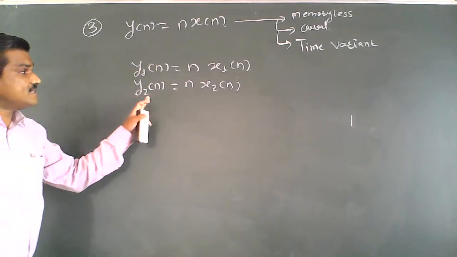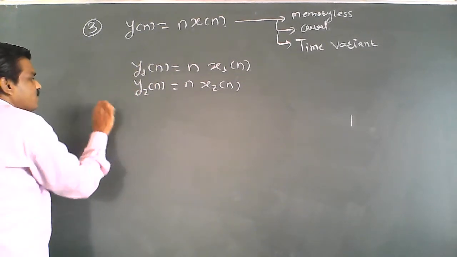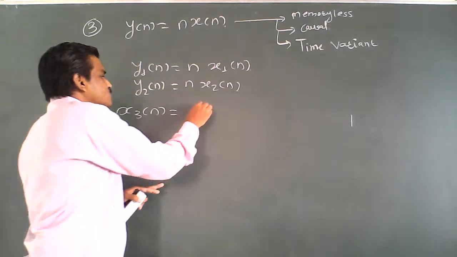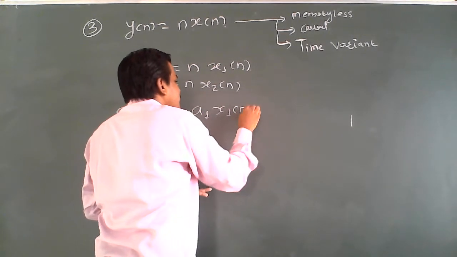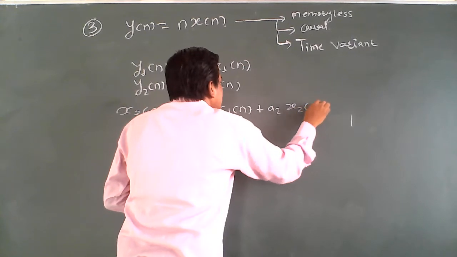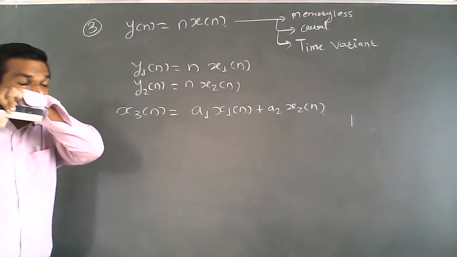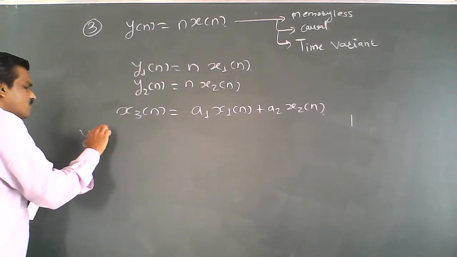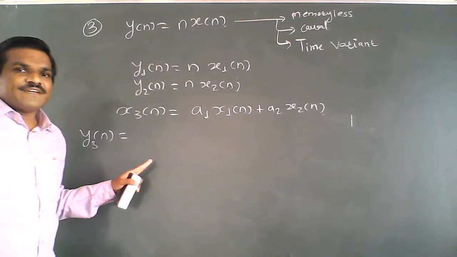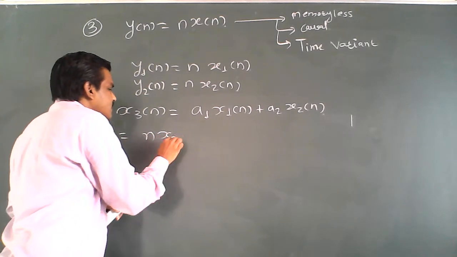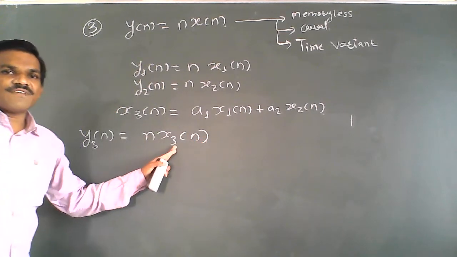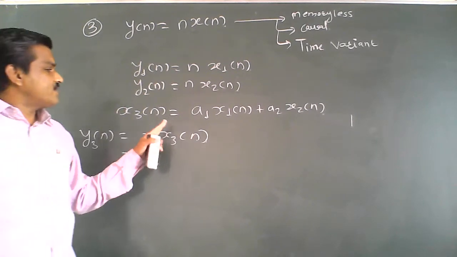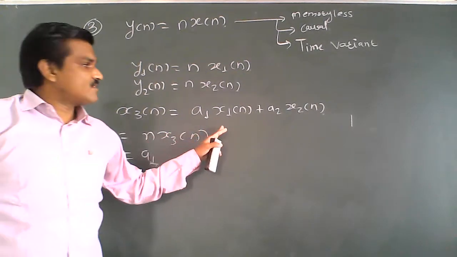Now let us consider the third input, x3 of n, which is nothing but the linear combination of x1 and x2, which is equal to a1 x1 of n plus a2 x2 of n. Therefore, the output y3 of n is nothing but n times x3 of n. What is x3 of n? It is the linear combination of x1 and x2.